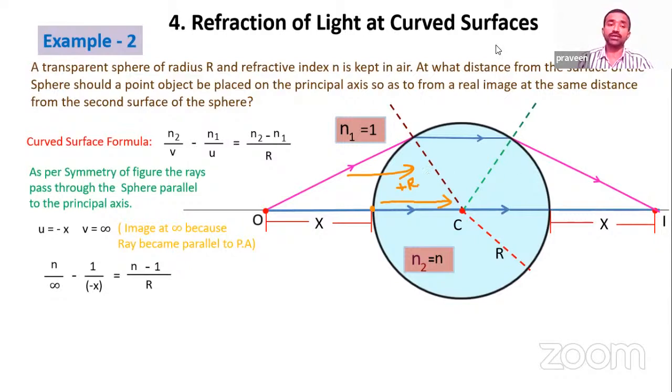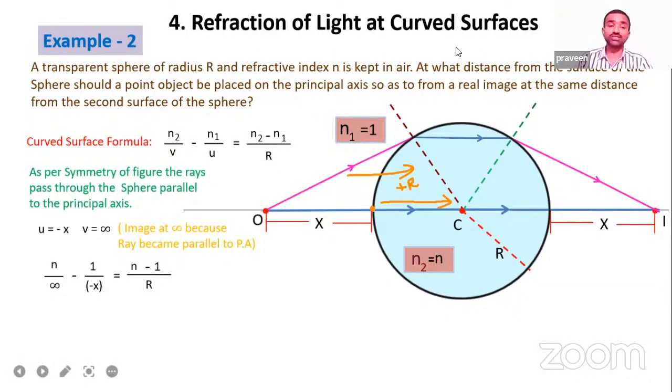Then substitute the values. Here n2 is n, v equals infinity, and minus 1 by u is minus 1 by minus x. That equals n2 which is n minus n1 which is 1, by R equals plus R. All the values are substituted.